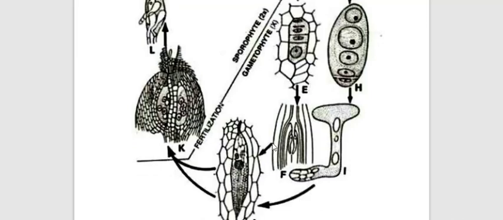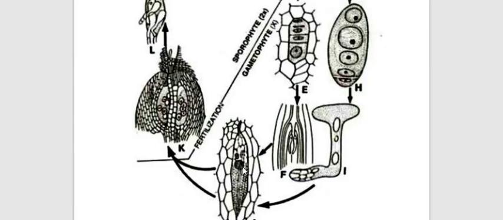inside the archegonium. Each archegonium consists of an upper 30 to 40 celled neck region, one ventral canal cell nucleus and the other egg nucleus.